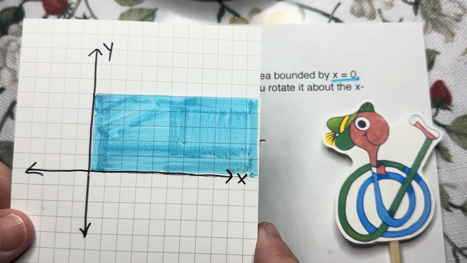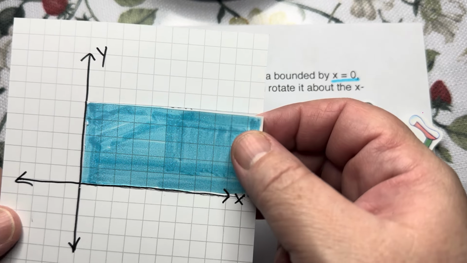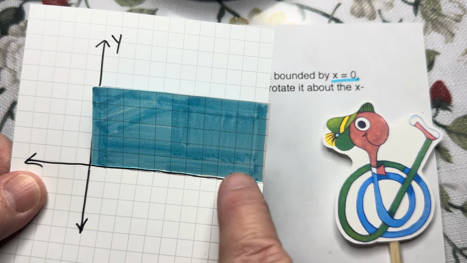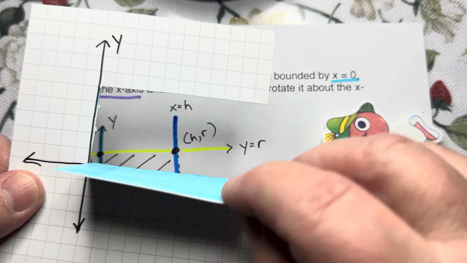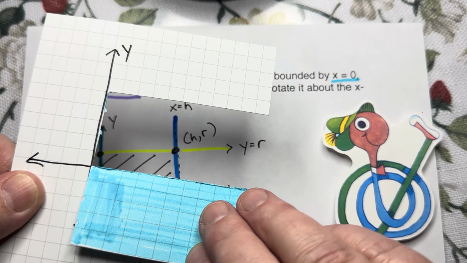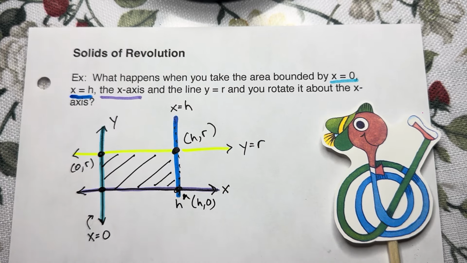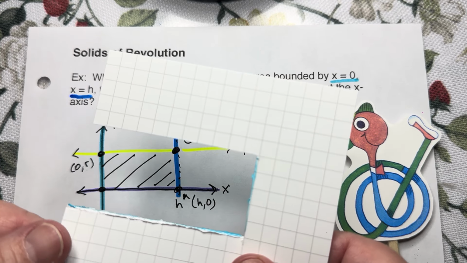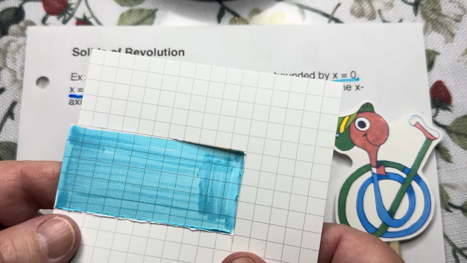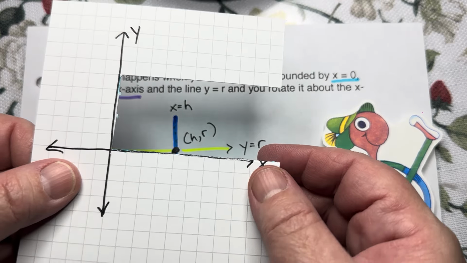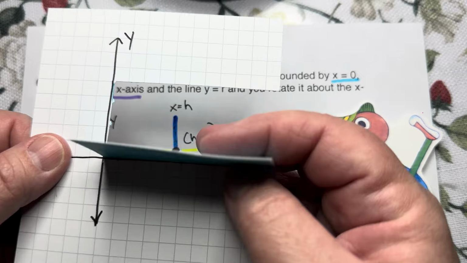What does rotate mean? It means you take it and turn it, leaving it touching the x-axis, and have it go around like that. If we go to the other side, it would keep going around. I did not make one that works in 3D, unfortunately. Does that make sense?